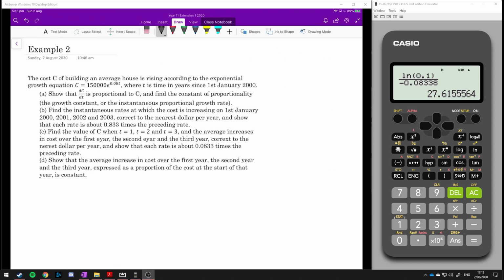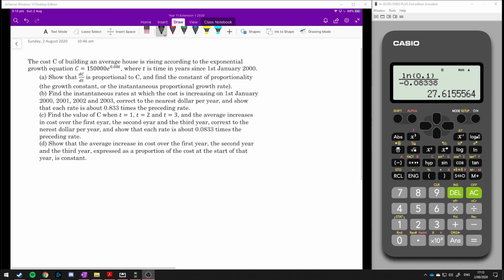So here's an example. The cost C of building an average house is rising according to the exponential growth equation C = 150,000 e^(0.08t), where t is time in years since 1st of January 2000. Show that dC/dt is proportional to C, and find the constant of proportionality.